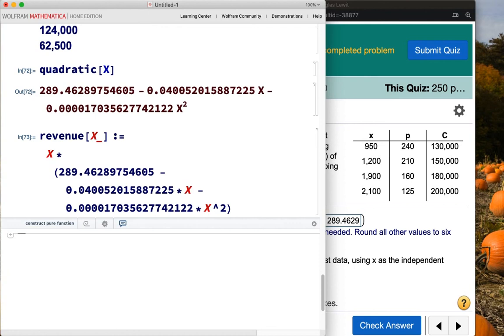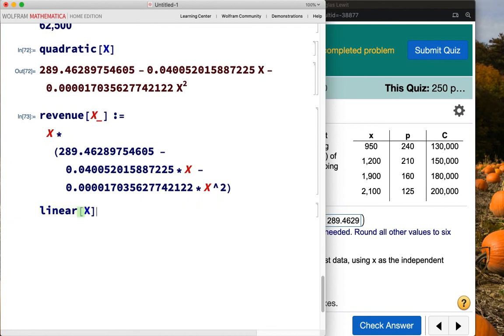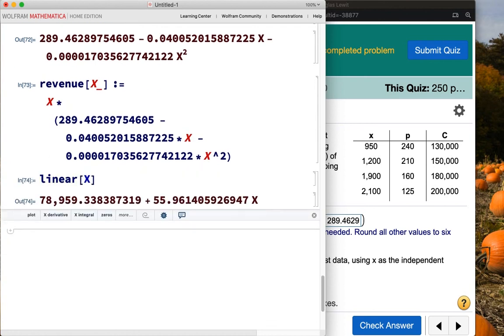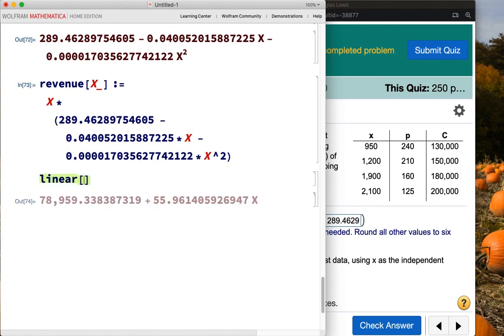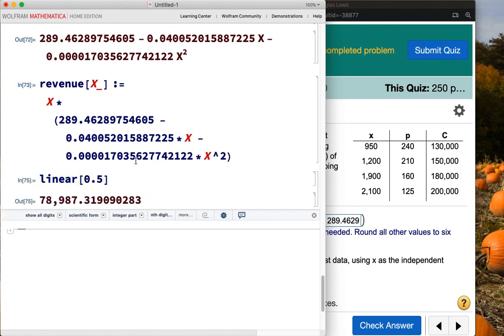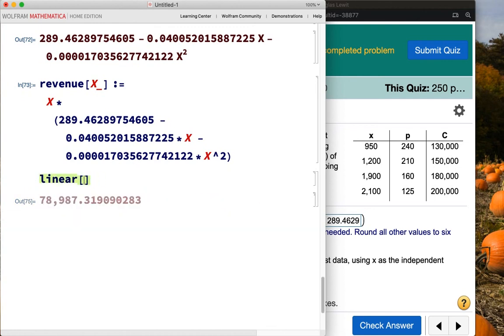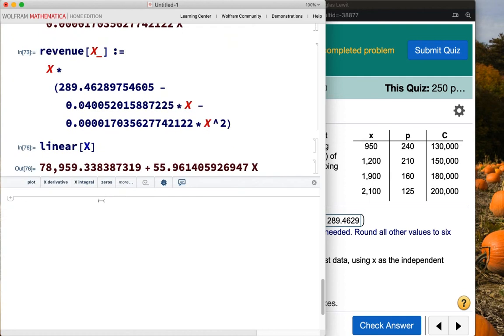And then my cost function, it's very strange that it's doing that. It seems to accept a real number, but okay, I'm just going to copy that by hand.